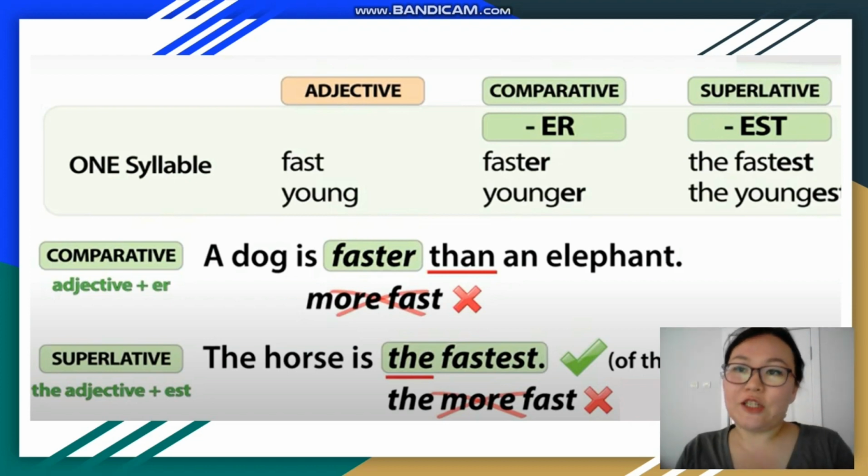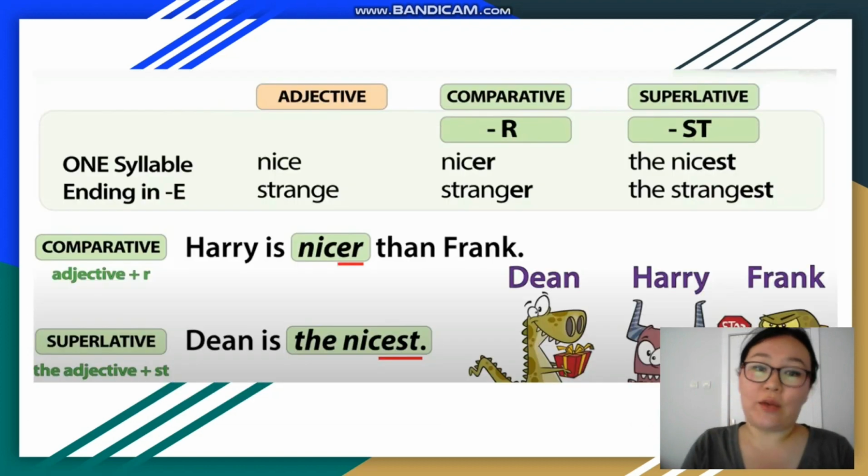Next, when an adjective has one syllable but ends in an E, such as nice or strange, we just add an R to the end of the adjective to make it a comparative.